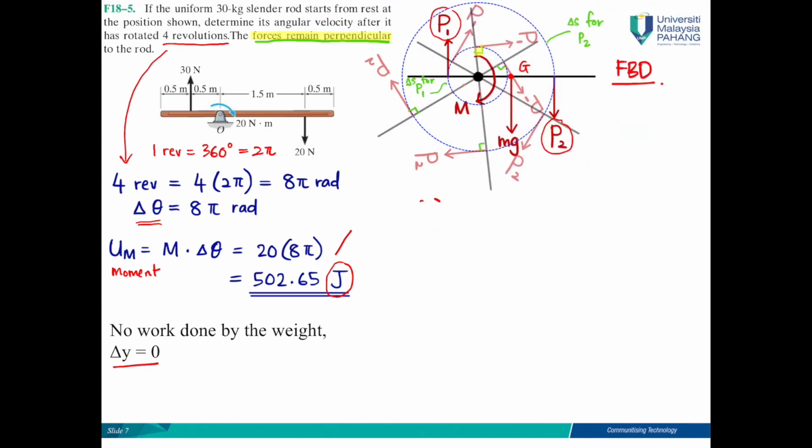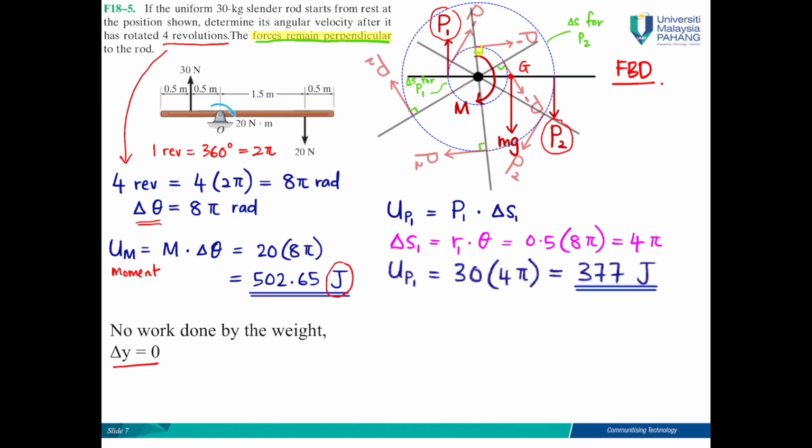We will be using the equation for work done by force, which is the force times delta S. So U P1 is equal to P1 times delta S1. What is delta S1? It is basically the circumference of the circular path, and delta S1 is 4 pi. So you have U P1 equals 30 times 4 pi.